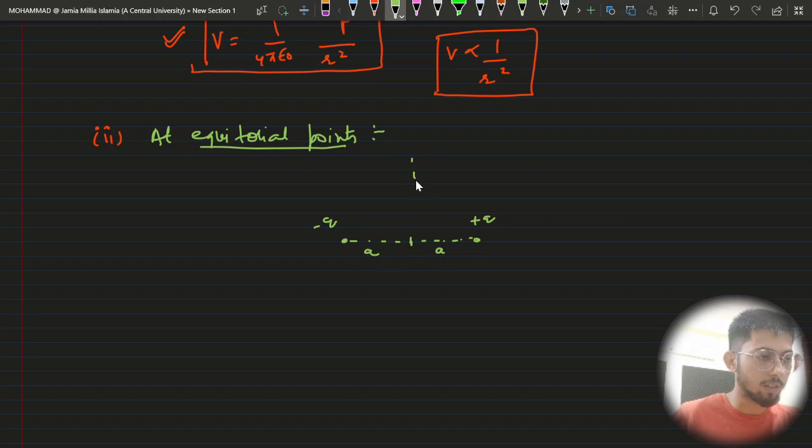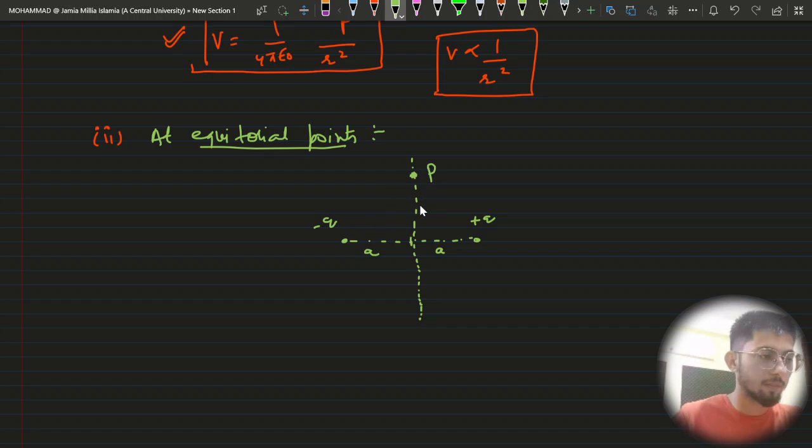We want to find the potential at an equatorial position. Remember, the equatorial position is in the middle, perpendicular to this, at the same distance from both charges. Let us mark this as P. So we want to find the potential at this point.